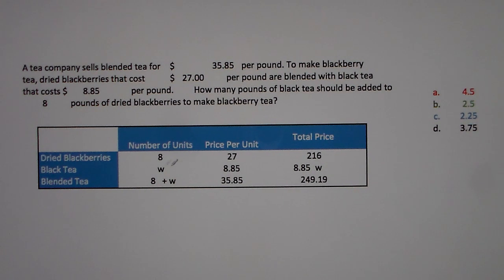So dry blackberries, number of units, the price per unit, for a total price of $216. Your black tea, which is W, is what we're trying to find. We know it's $8.85 for every one of them that we buy.